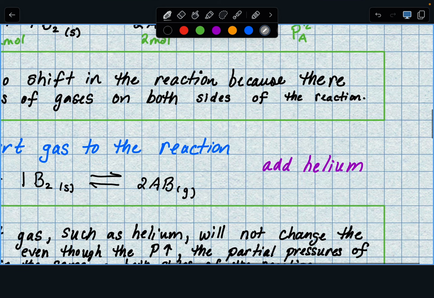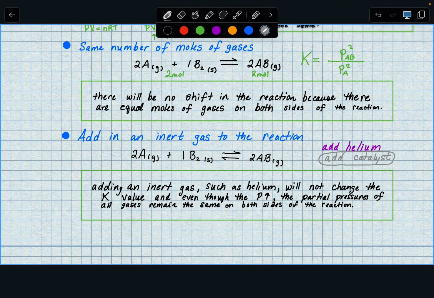The other thing is be careful if we add a catalyst. A catalyst also is not going to affect the equilibrium constant. You just will end up having the reaction reach equilibrium faster. So I'm just going to write that at the bottom here.